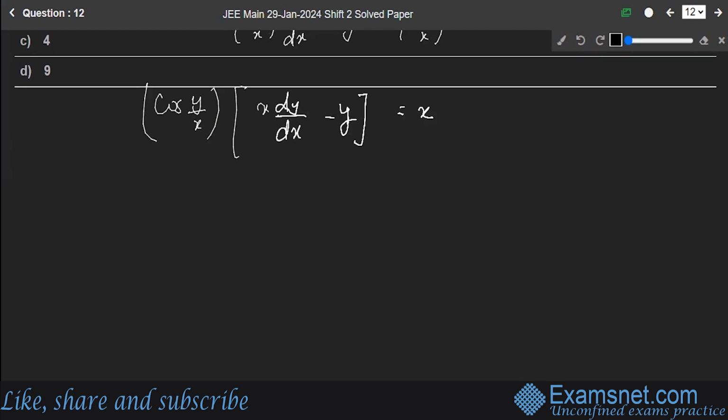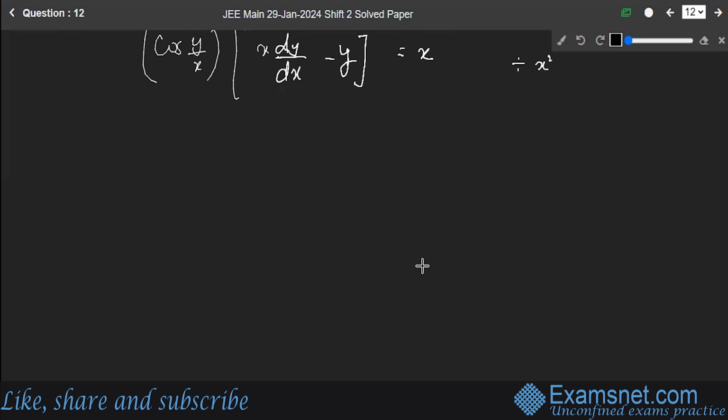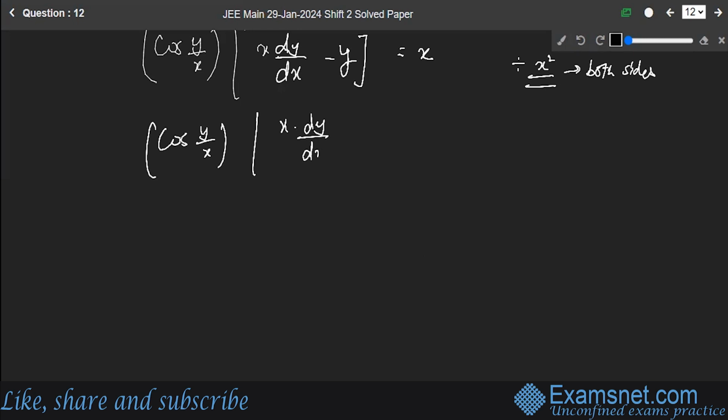Now let's divide both sides by x square. You will have cos(y by x) multiplied by (x into dy by dx minus y) upon x square is equal to 1 by x.